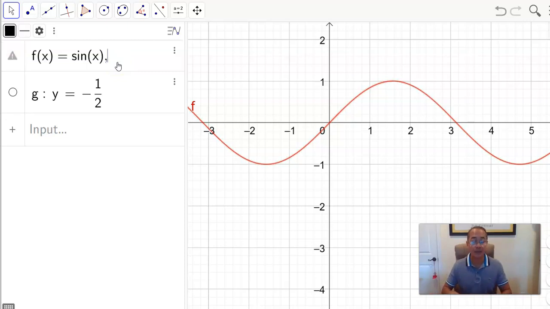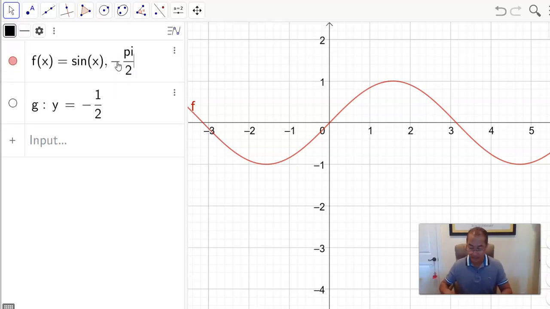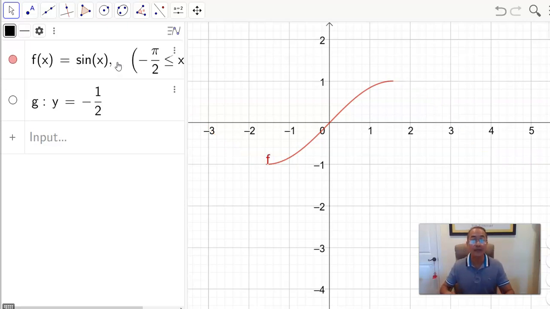We'll put comma, and we'll say -pi over 2 is less than or equal to x, and less than or equal to +pi over 2. And there it is. So our f, our sine of x, is now restricted between -pi over 2 and +pi over 2.